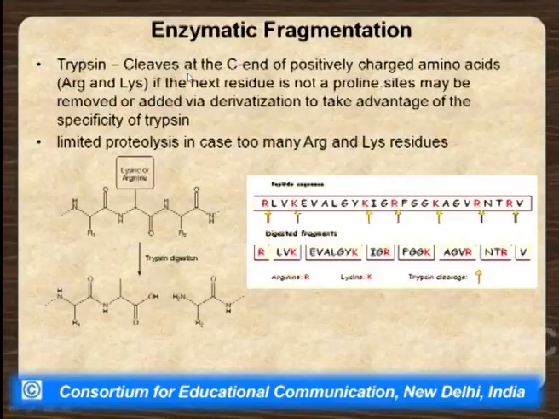It will cleave at the carboxy end of the positively charged amino acids arginine or lysine, only if there is no proline after it. So, there is limited proteolysis in this case, as a protein may not have as many arginine and lysine residues, unless of course it is a very basic protein. We can see various fragments after trypsin cleavage.